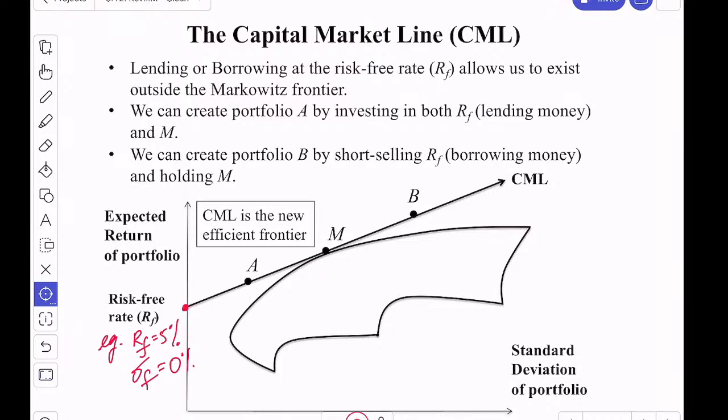So an investment in the risk-free asset and the market portfolio creates this line. Here, we can create a portfolio between here and here by lending money. So here you're buying T-bills, and here you're short selling T-bills.